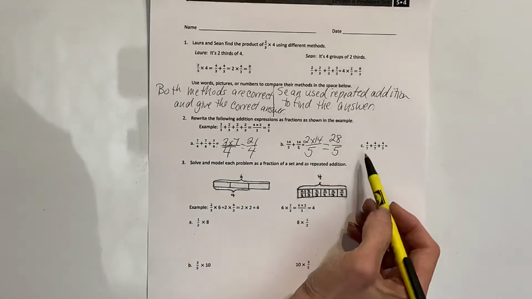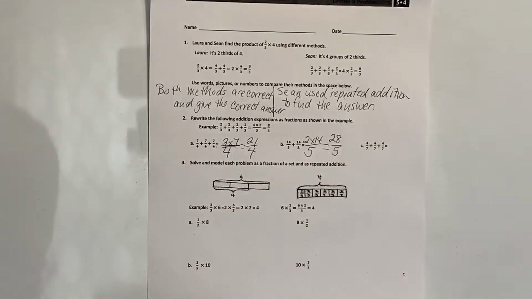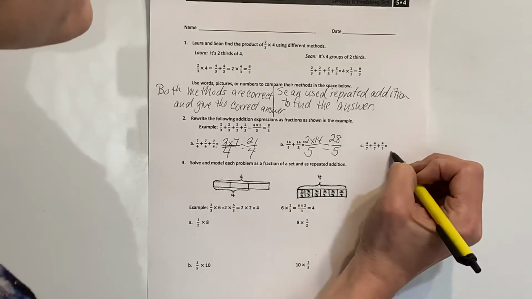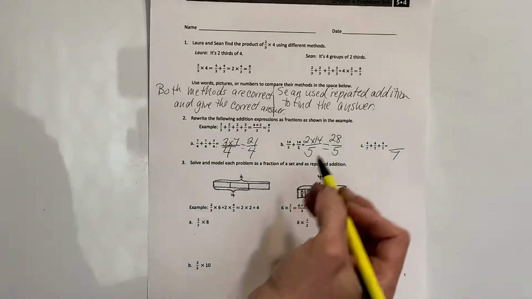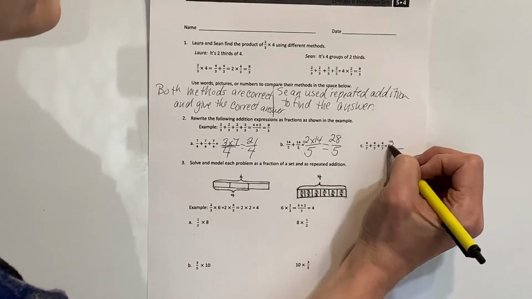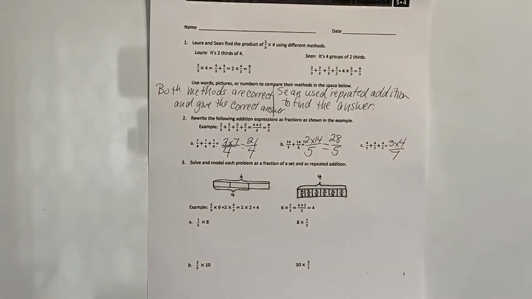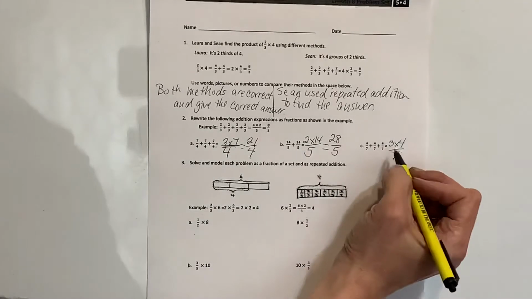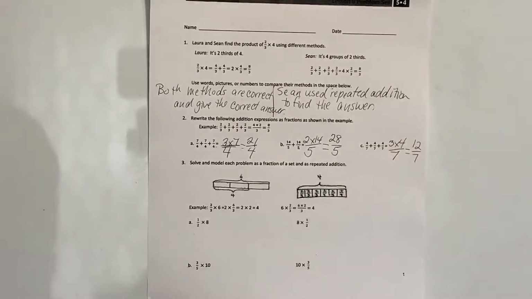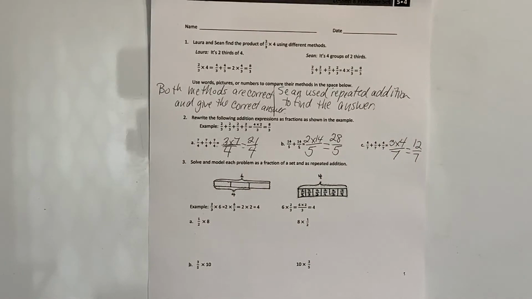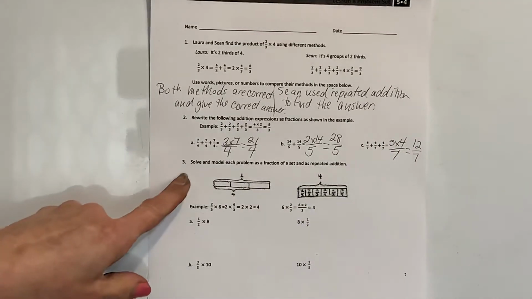All right, so let's take a look at letter C. Letter C, I'm counting in sevenths. That's my denominator. And I notice here that I have 3 4's. So I know 3 times 4 is 12. I have 12 sevenths.